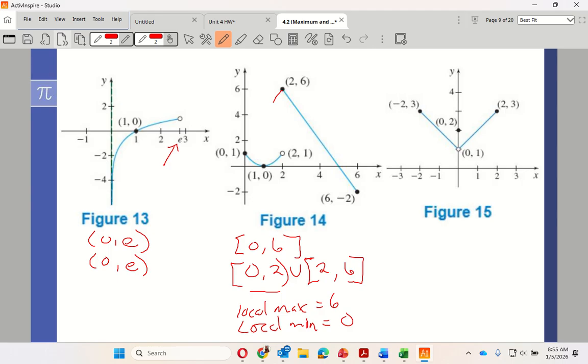Okay, so this one right here, the domain is bracket -2, comma 2, bracket, and then this is going to be bracket -2, comma 0, parentheses, union 0, 2, bracket.